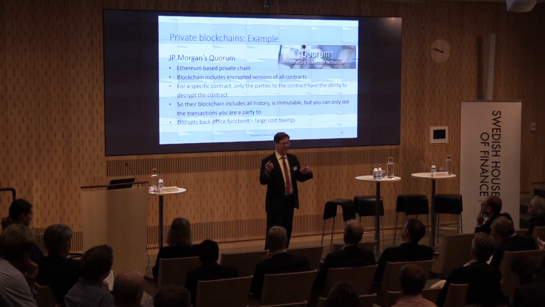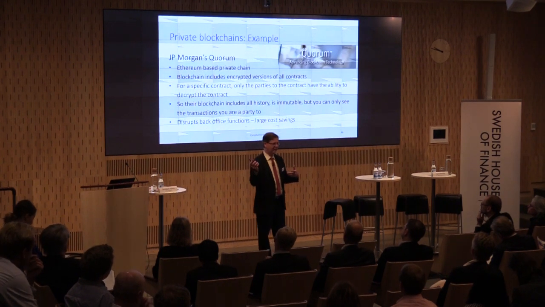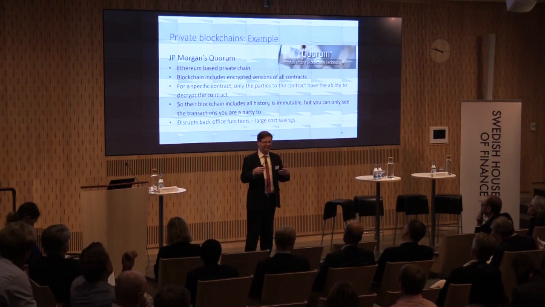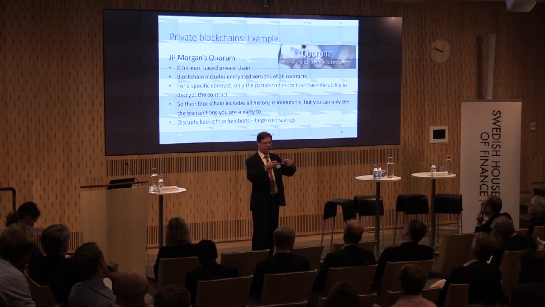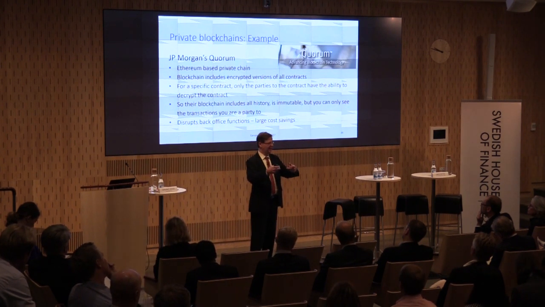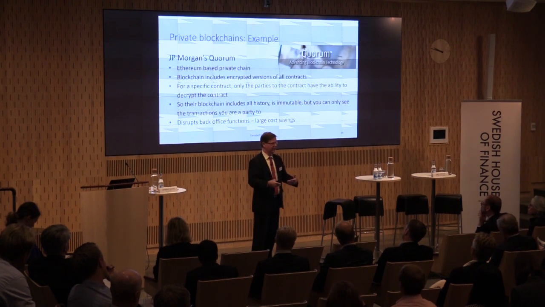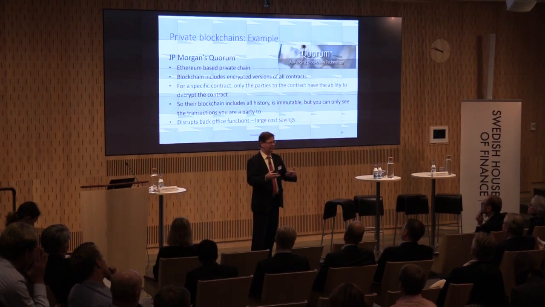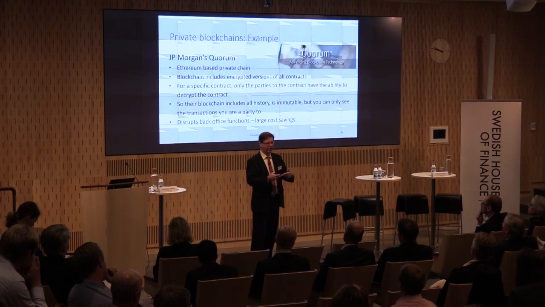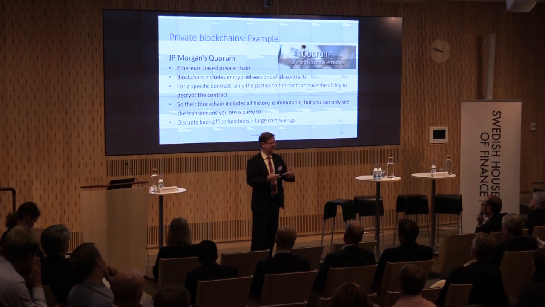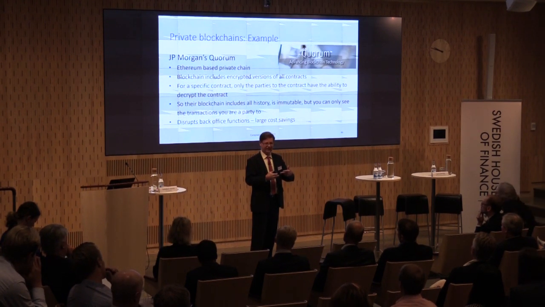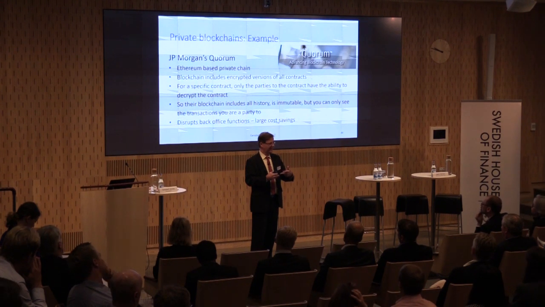So what JP Morgan has done with their Quorum technology is essentially you allow parties to transact, but what you put in the blockchain is encrypted. So it actually goes into a blockchain. You can see the encrypted transaction, but the people that are party to the transaction, they've got keys to unlock to actually see it.